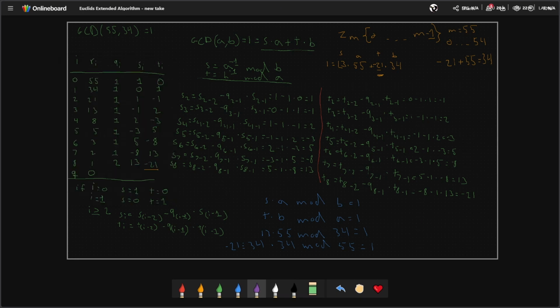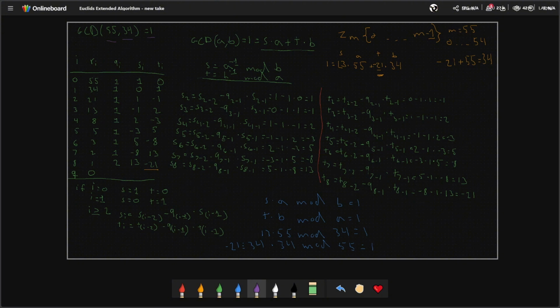To cap off the video, I want to do a quick summary of all we've done because I think there was a lot of information to take in. We started out by having two values, 55 and 34, of which we had the greatest common divisor equal to 1 from a previous video. Because the greatest common divisor of 55 and 34 is equal to 1, we know that there exists a multiplicative inverse of a modulo b and b modulo a.